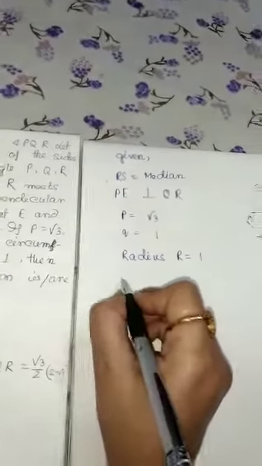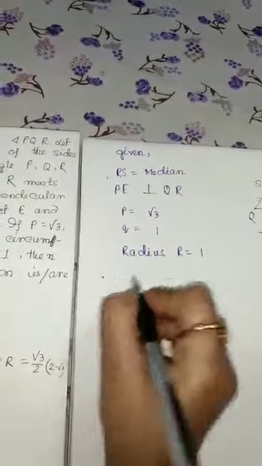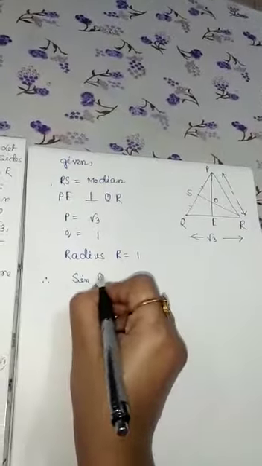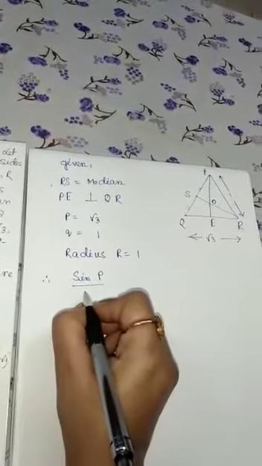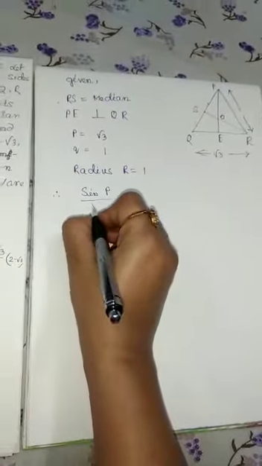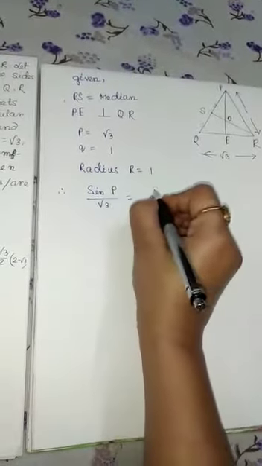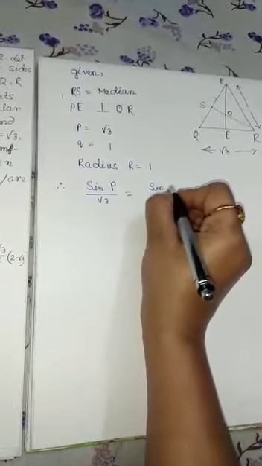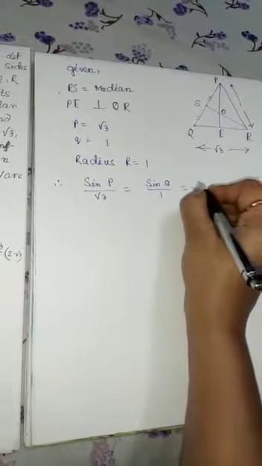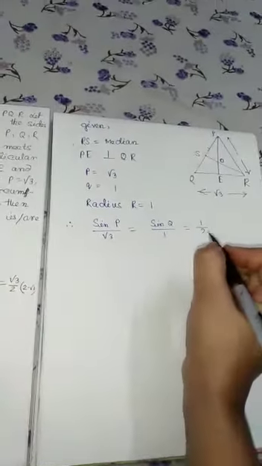Therefore, according to the sine law, sine of capital P divided by root 3 is equal to sine of capital Q divided by 1, which is equal to 1 by 2R, that is half.